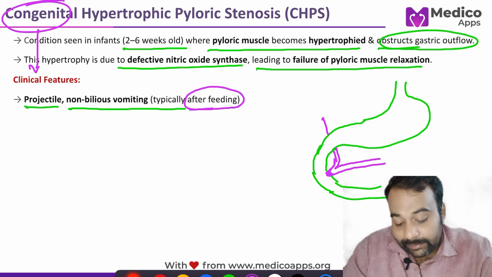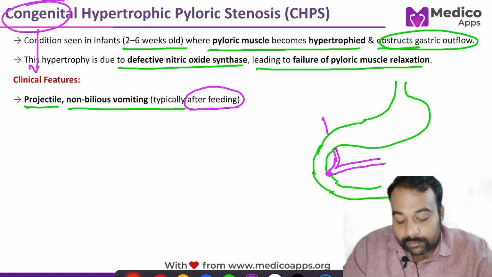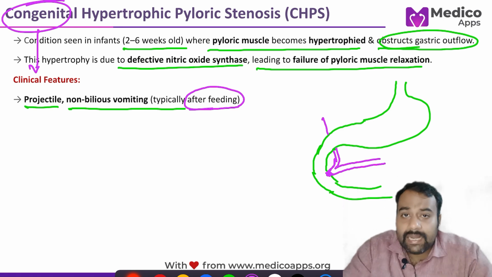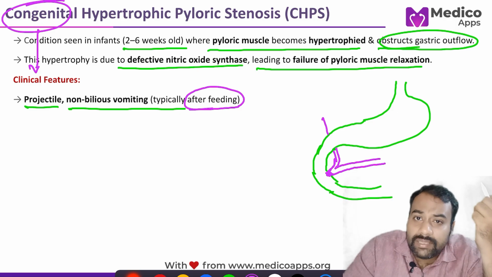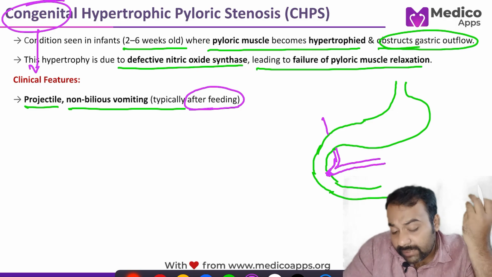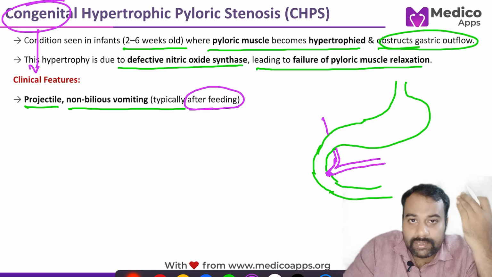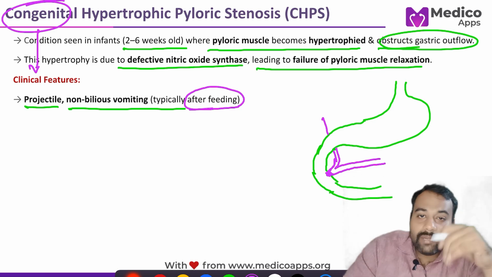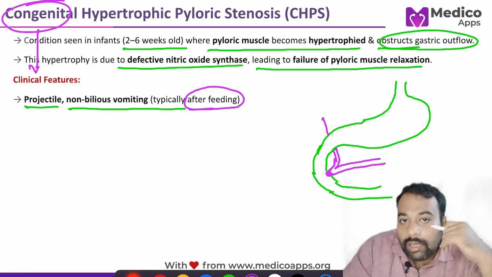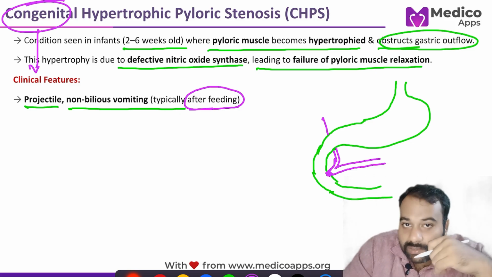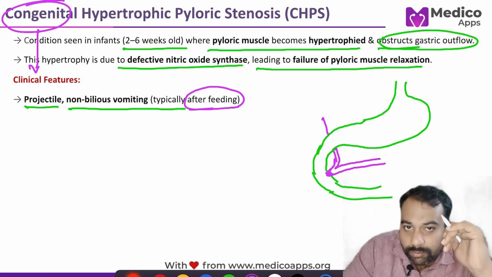You can see that in this image, right? The bile duct drains into the second part of the duodenum, so as the site of obstruction is proximal to the second part of the duodenum, obviously it will not present with bilious vomiting. Are you able to get my point?